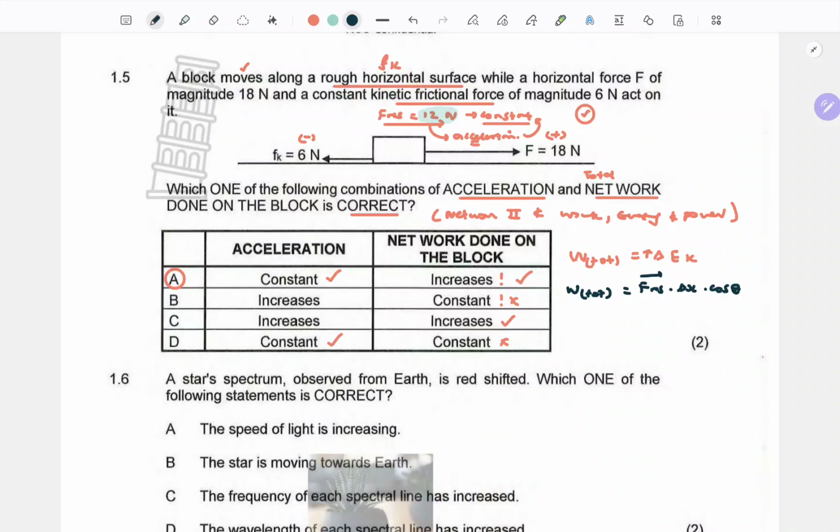So this is constant. This is just a ratio, and in fact, the angle is going to be 0 because the resultant force is in the direction of motion. But we know that the displacement, as we continue moving to the right, increases. And so this means the work itself is going to be increasing.